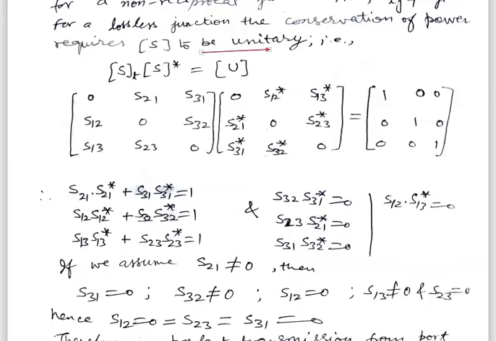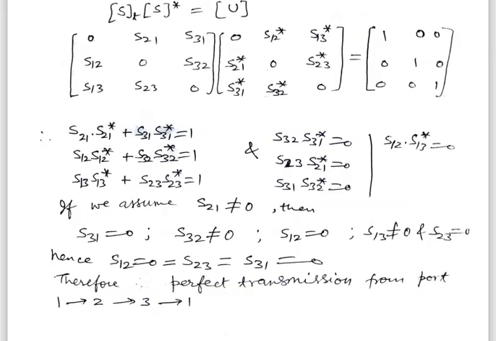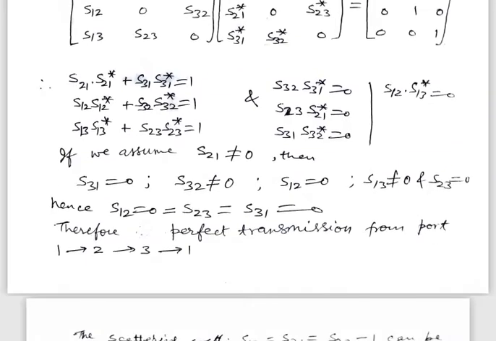equation, this gives us the following equations, that is S21 into S21 star plus S31 into S31 star equal to unity. Similarly, these two equations have unit value, while the other terms have 0 value, as shown in the equations.